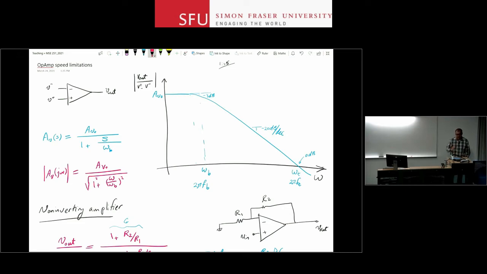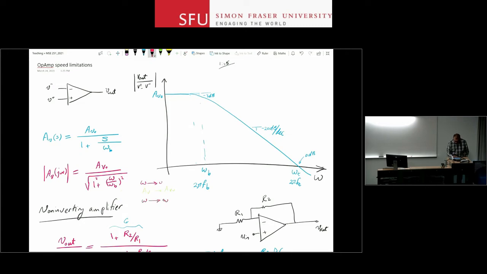If you look at this closely, at very small omega, if omega is much smaller than omega B, so if omega goes to 0, this second term is negligible and AV approaches AV naught.